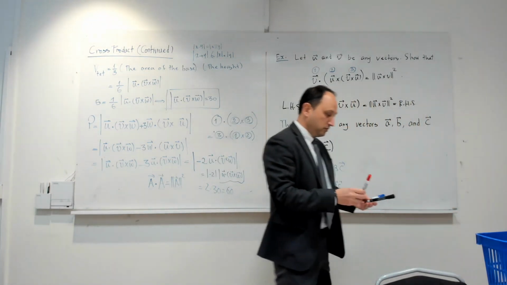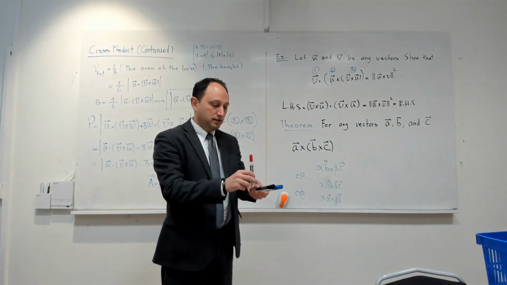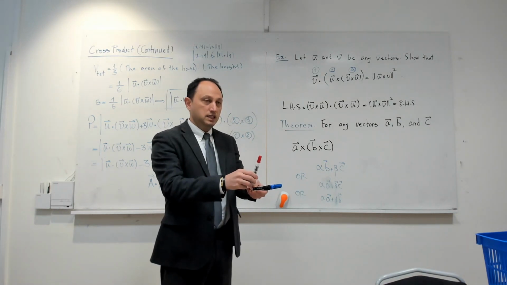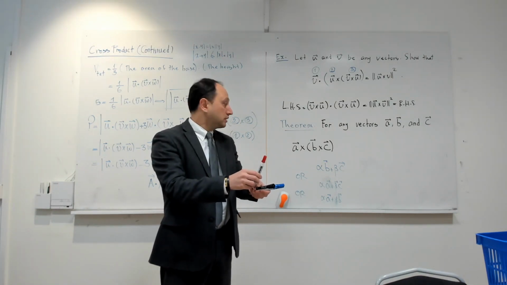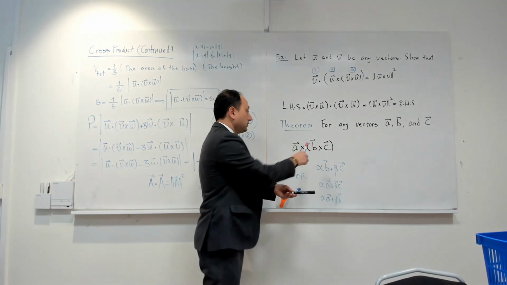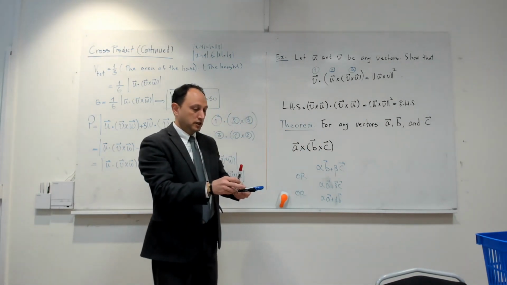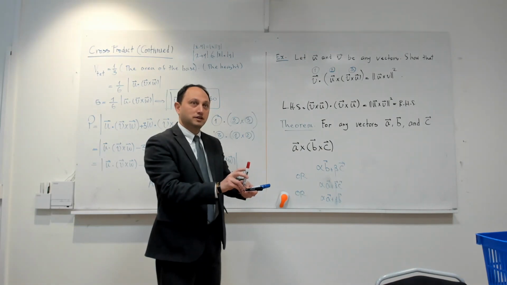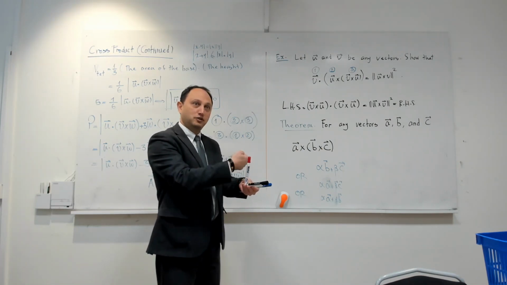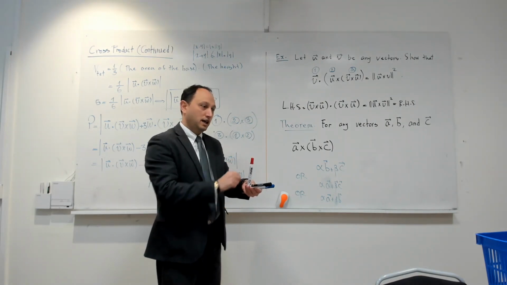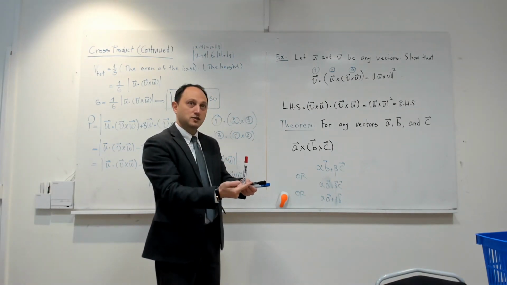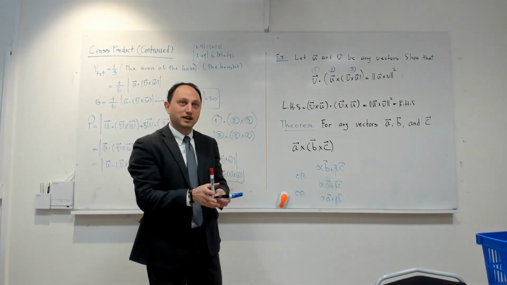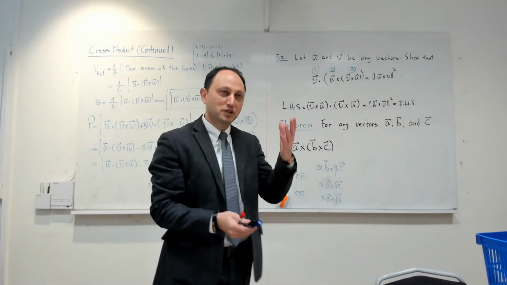Let me call the black one A, the blue one B, the red one C. I cross product B and C, and it becomes a vector perpendicular to them in this direction. Then I take that vector and cross product it with A. I want to visualize it a little bit.